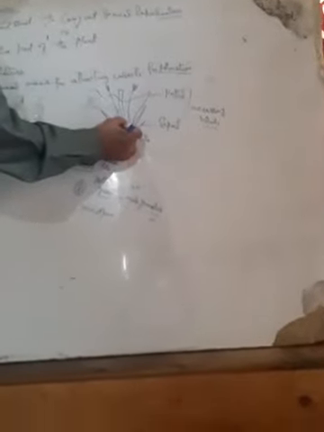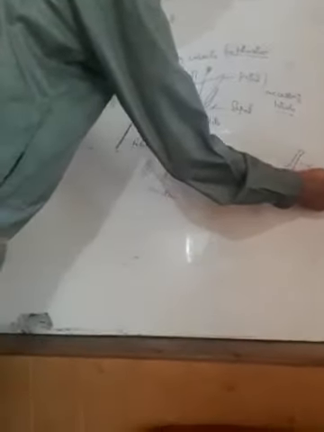In the center there is the female part of the flower, known as the carpel or pistil. It is the innermost part present in a flower. This carpel or pistil is divisible into three parts.